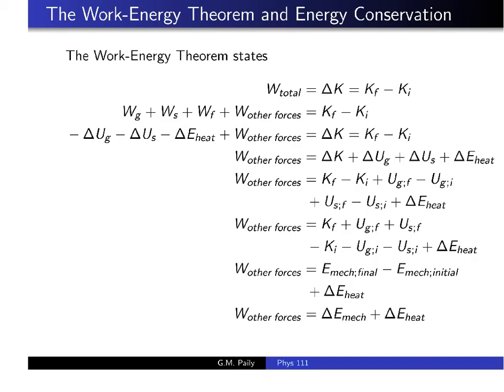Let's look through that again, but calling them slightly differently. We see that from the work energy theorem we have work total equals delta K, and we can split work total into the work done by conservative forces plus the work done by non-conservative forces plus the work done by external forces such as pushes and pulls by people or tensions or whatever else.